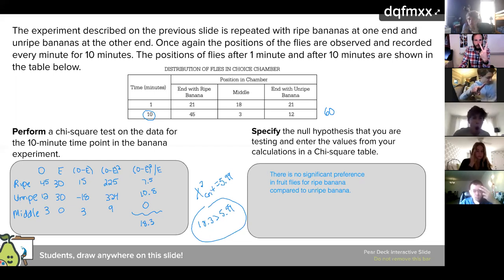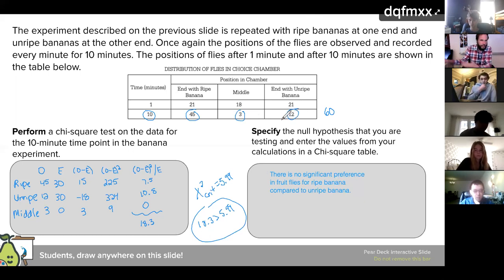Thank you, Phoebe. Thank you, Sophie, Isaac, Toby, Larry, Olivia. Right, we can reject it. We can reject the null hypothesis that there is not a preference and instead accept the alternative hypothesis that there is a preference, which you may have already seen just by looking at the data.